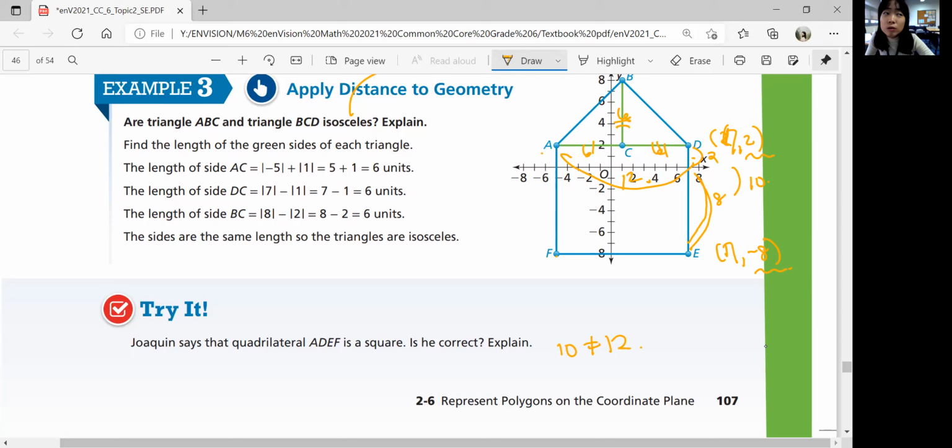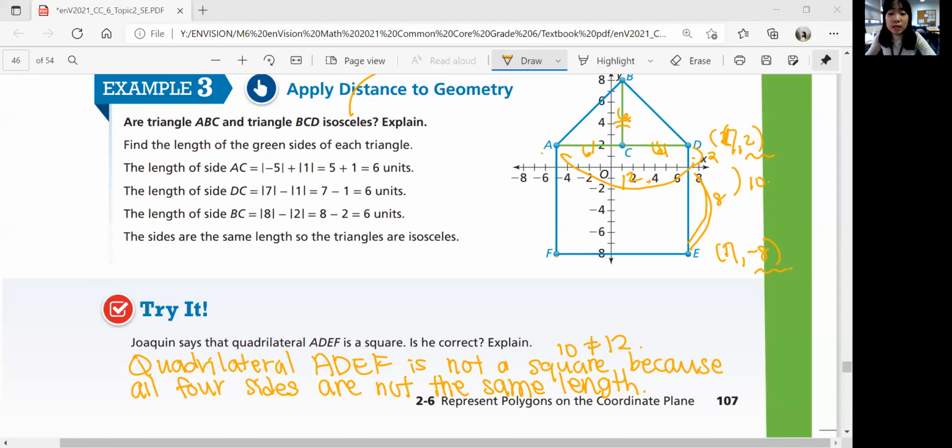So no, it is not a square. Let's write that in full sentences. Quadrilateral ADEF is not a square because all 4 sides are not the same length. A quadrilateral is any polygon with 4 sides.